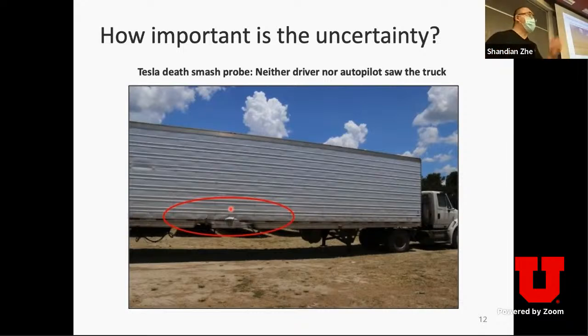I can warn the drivers, I'm not sure about this. Although I think this might be air, this might be empty, I'm not sure about that. Please take a look and touch the wheel. And then perhaps that accident won't happen. So there are many other such applications in the real world.